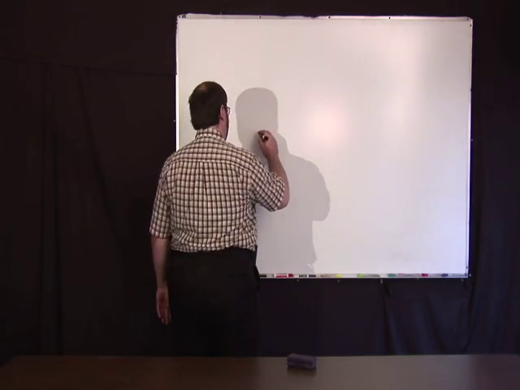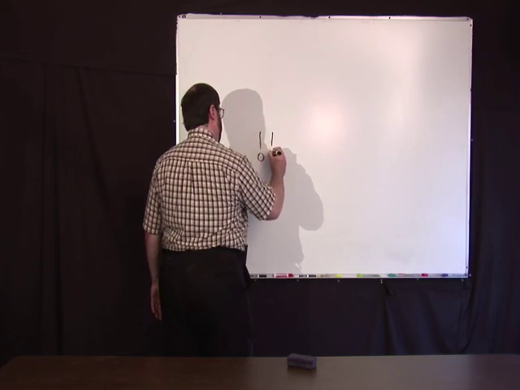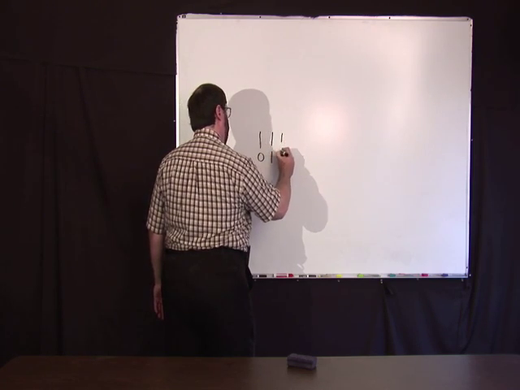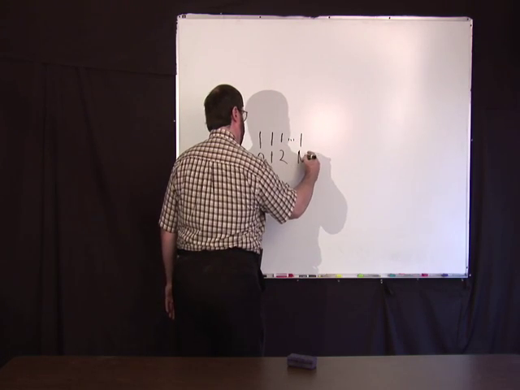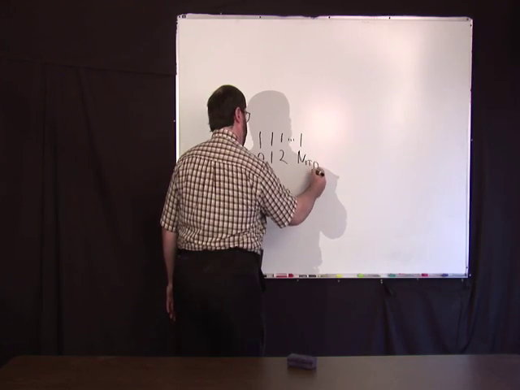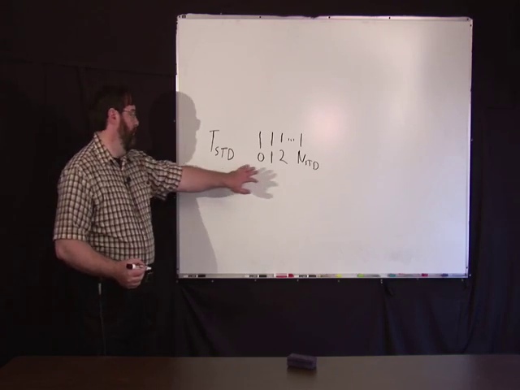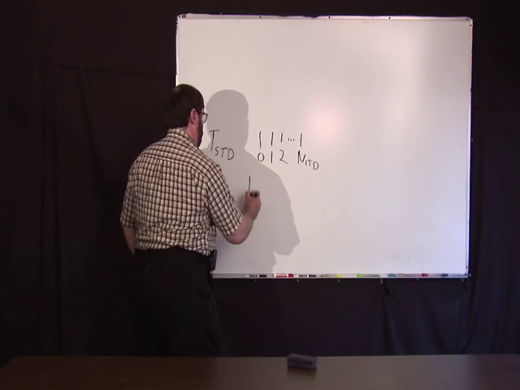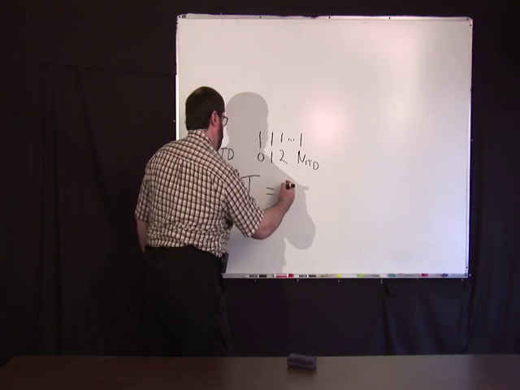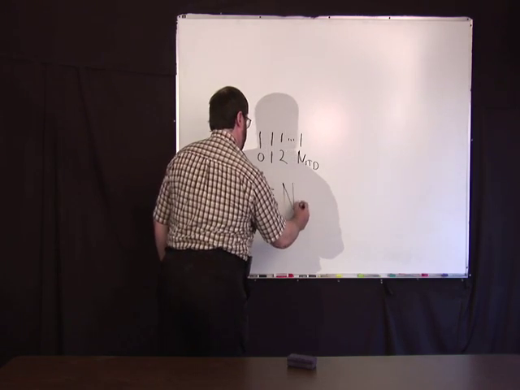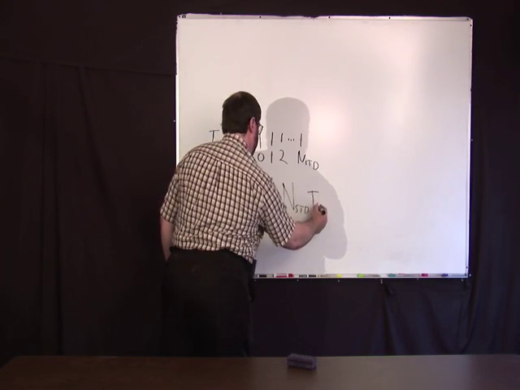You really want to start counting at 0, for reasons I'll say in a minute. You count until you get to n standard pulses. In that time, the time elapsed is equal to n standard times the period of the standard.